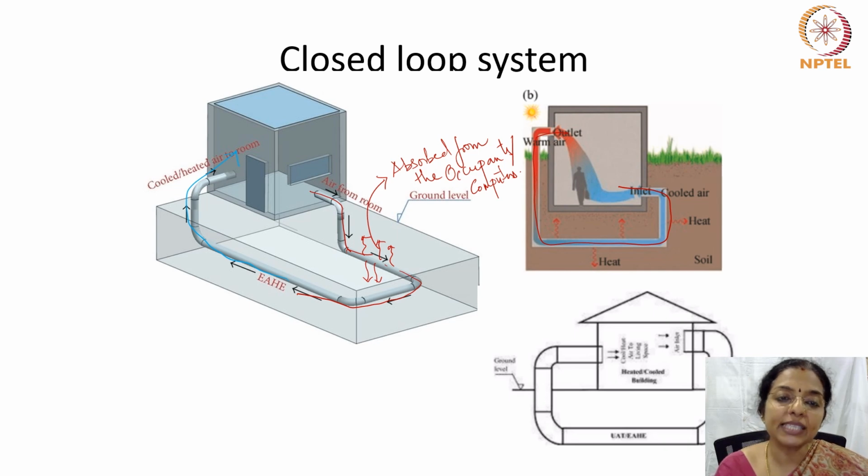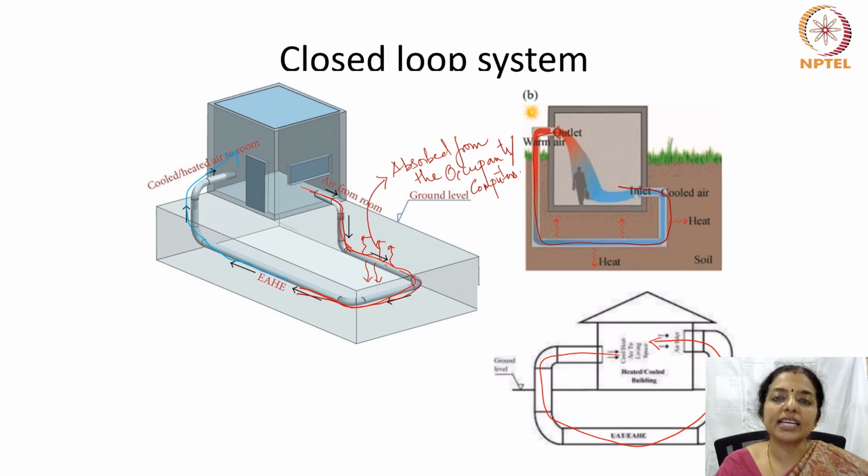What happens is this air which becomes warmer again passes through the same loop. Again it becomes cool, and this cycle continues. So in a closed loop system, the inlet air and the outlet air, it does not open to the outside, but it is only in contact with the soil.